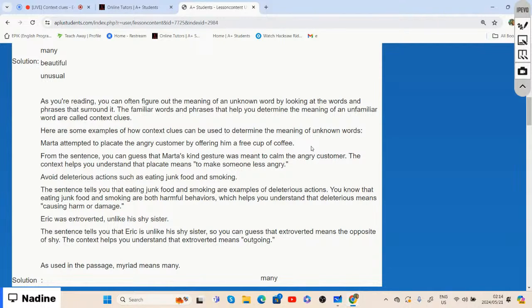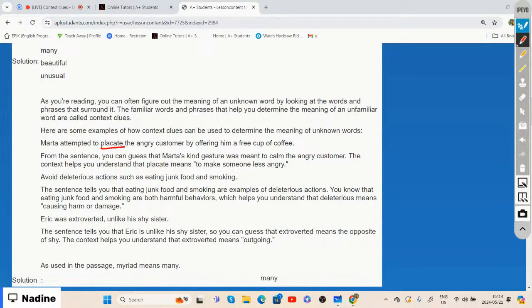So they're saying Martha tried to placate the angry customer by offering him a free coffee, which means that she is trying to do something nice in order to make the customer feel better or to calm the customer. From the sentence, you can guess that Martha's kind gesture was meant to calm the angry customer.